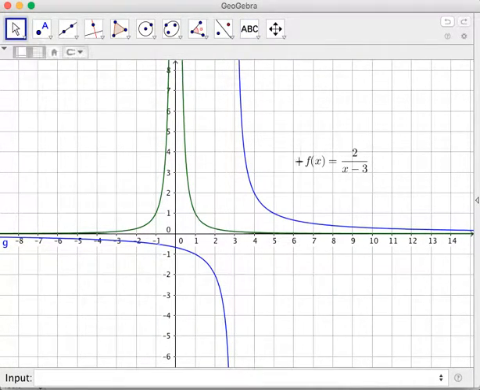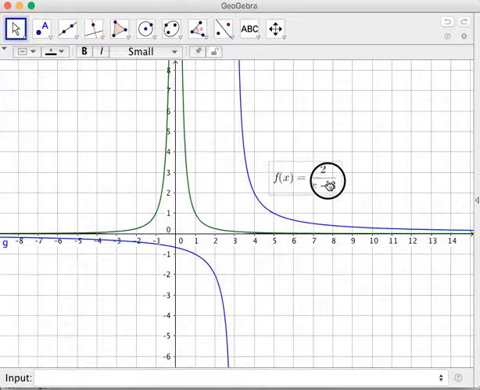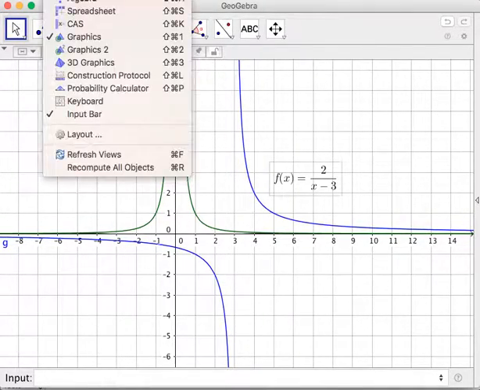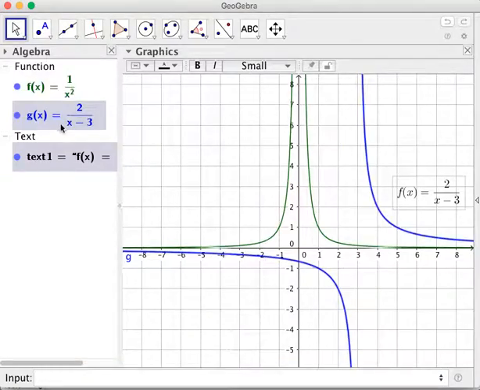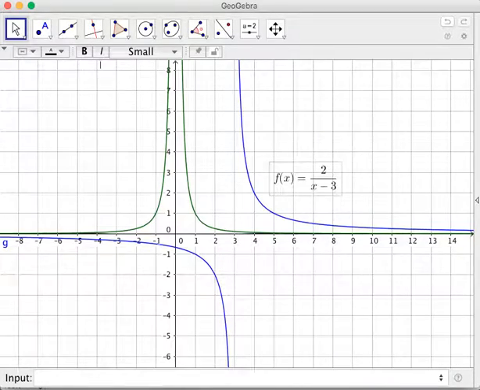So as we can see, check natin, baka mali ako. 2 over x minus 3. As we can see, as x approaches 3, the function goes down, or the function approaches negative infinity.